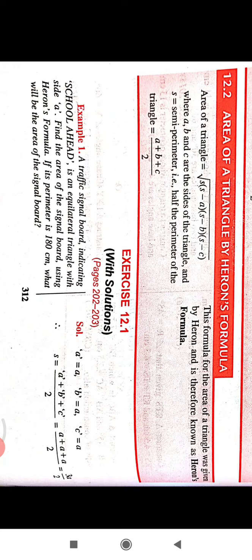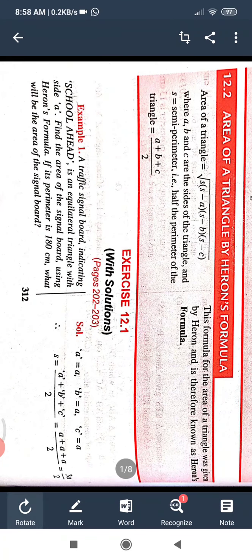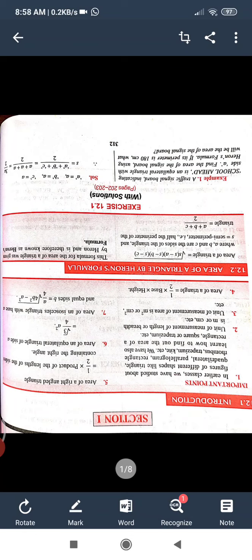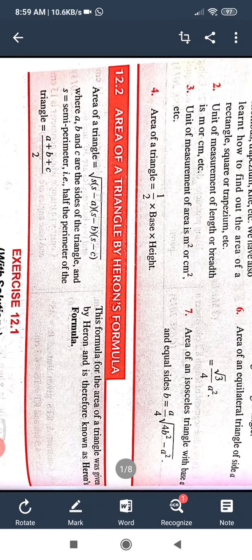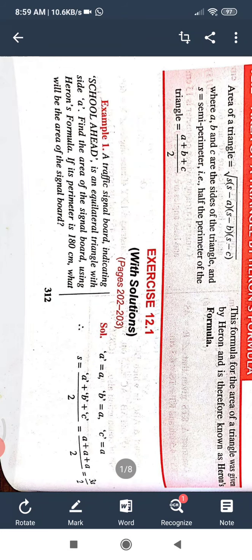We know that when we go on a vehicle beside the road, such signals are given, in triangle shape. Now, if its perimeter is 180 centimeter, what will be the area of the signboard?